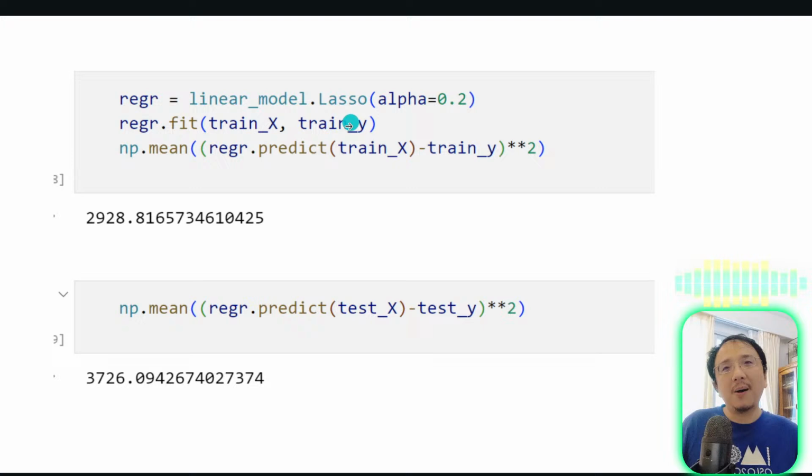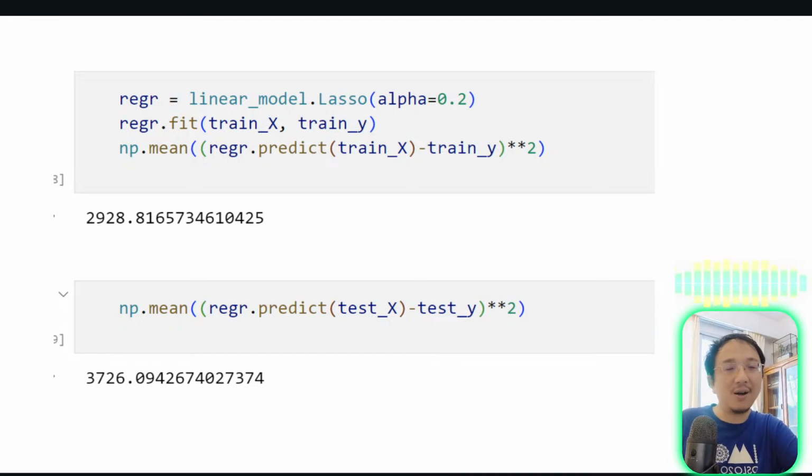But sometimes a bigger alpha may reduce it. If you choose the alpha to be big enough, it will definitely reduce the overfitting problem. But the thing is, the training performance is going to be reduced, and perhaps you get an even worse testing performance.